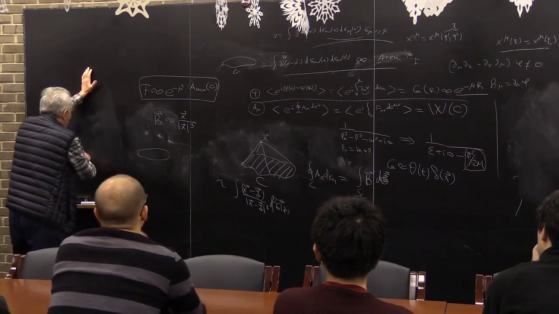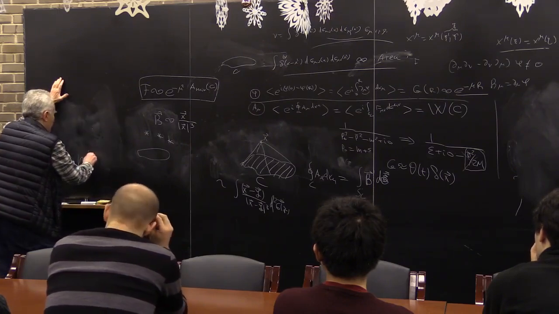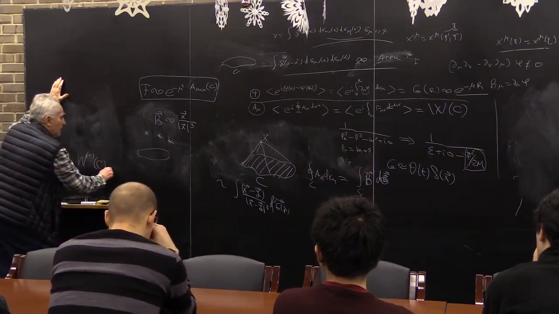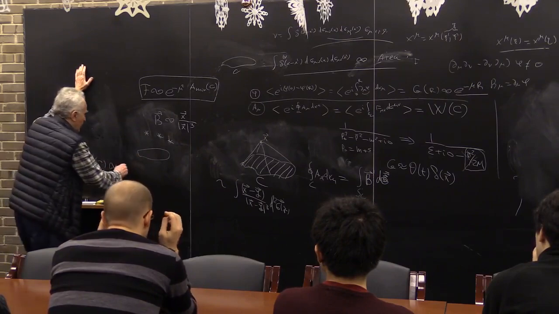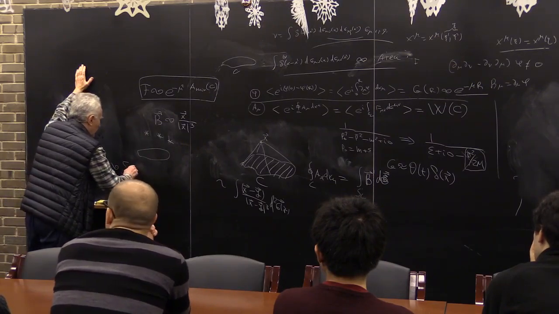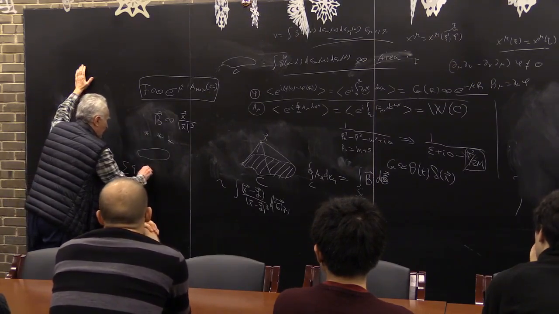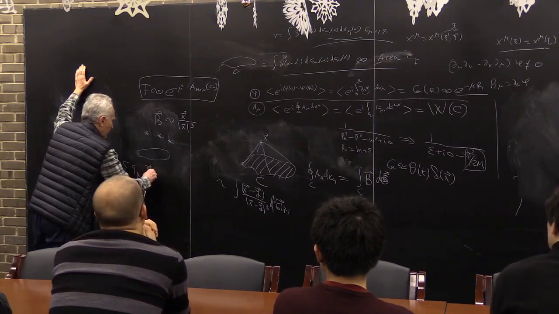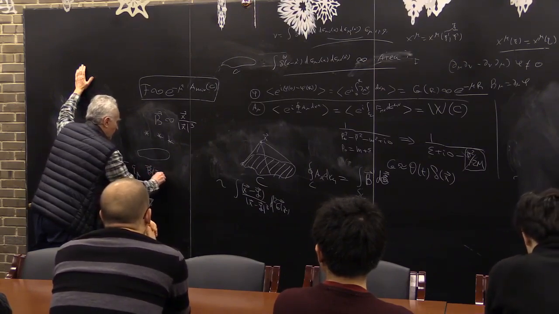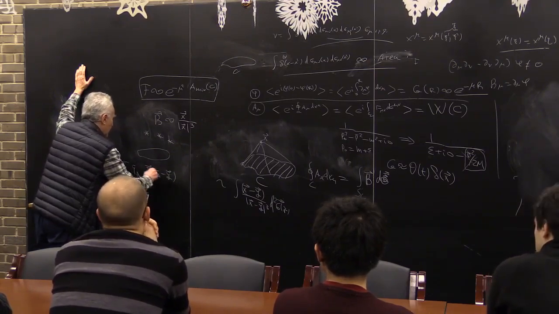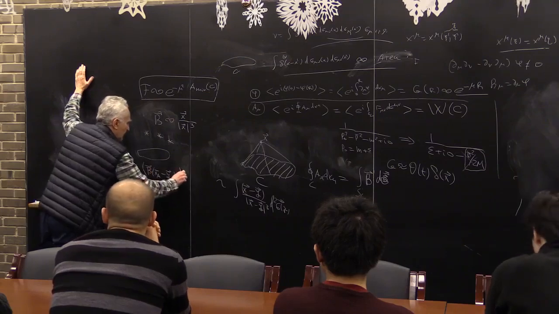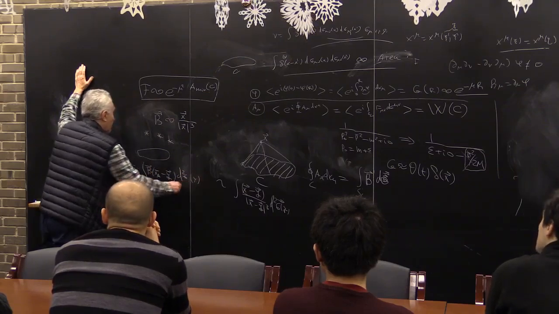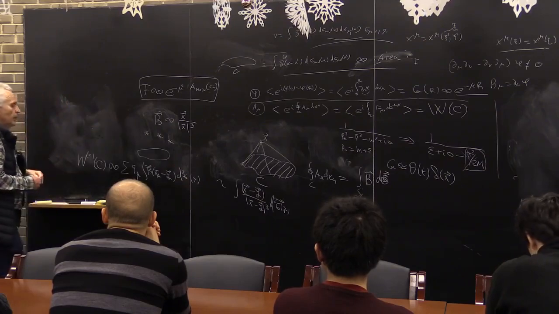So the contribution of the nth order will be just something like the sum of q_a times B of x_a minus y, integrated over d sigma y. And you can go further.